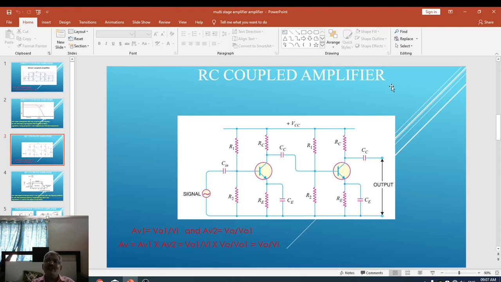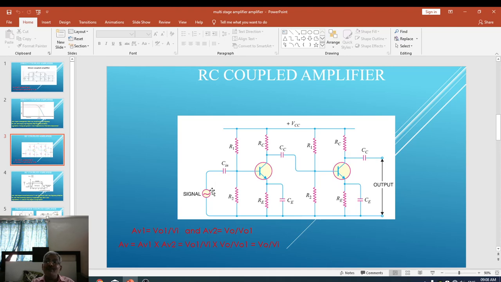Such a two-stage RC coupled amplifier is represented in this particular diagram. It consists of, let me consider, transistor Q1, obviously in common emitter configuration, to which input signal Vi is applied for the purpose of amplification.